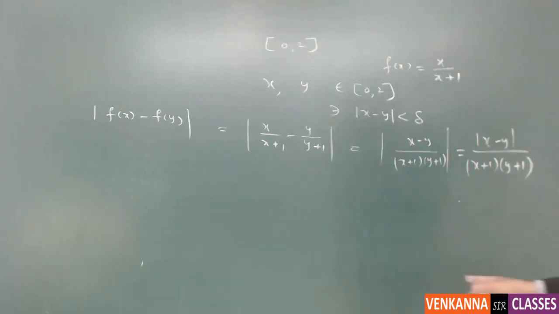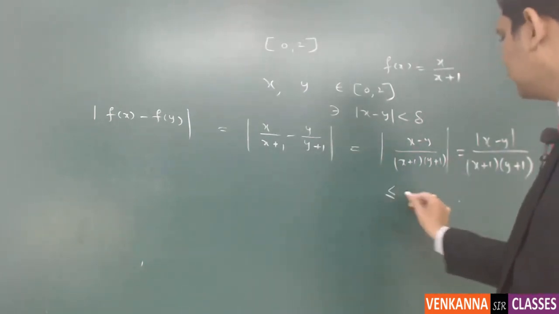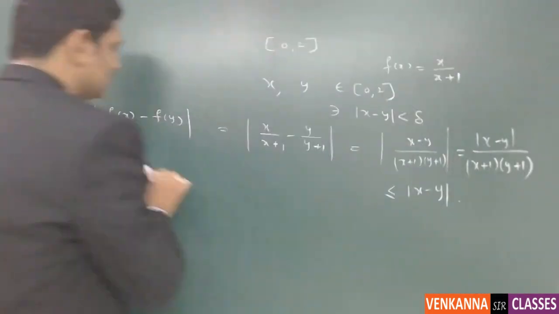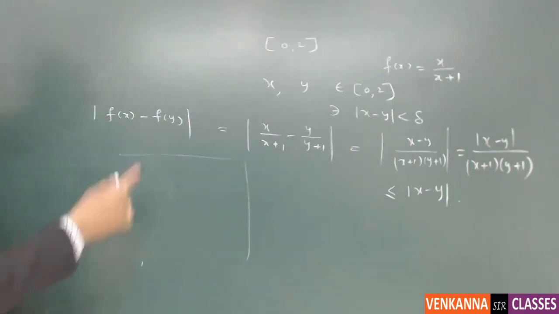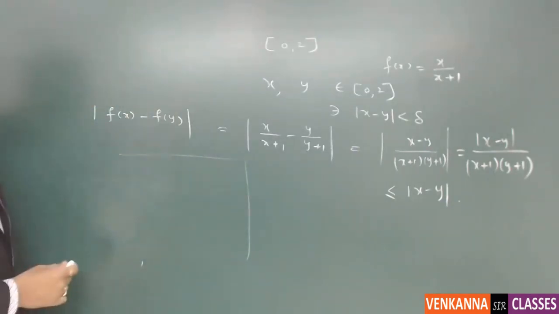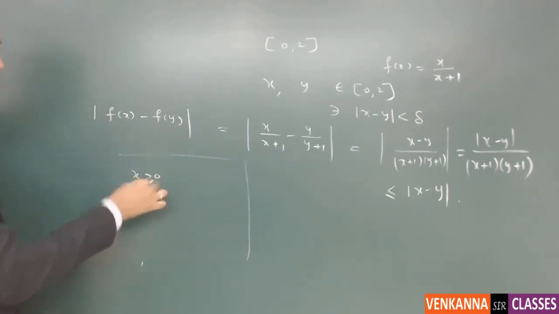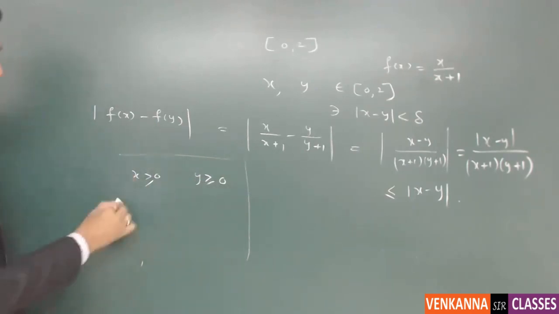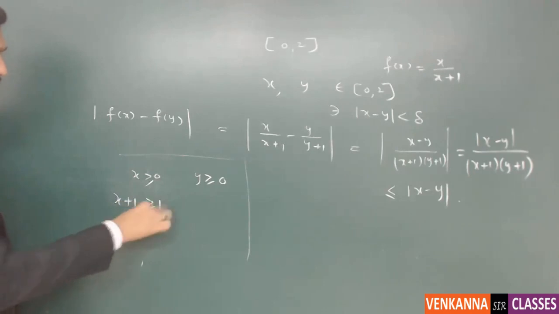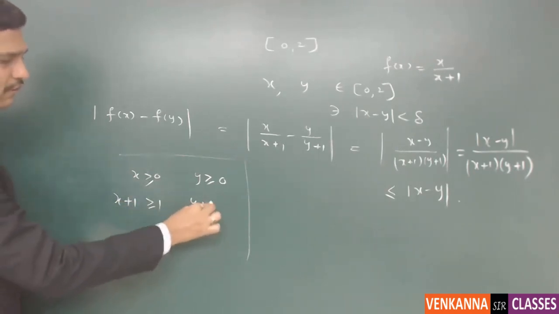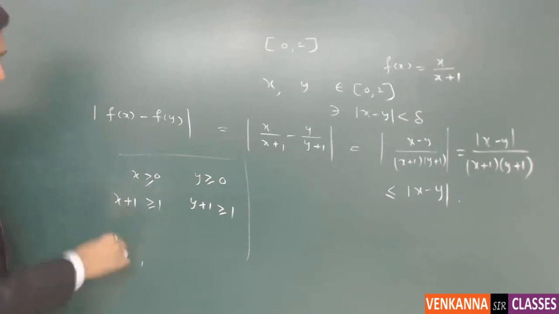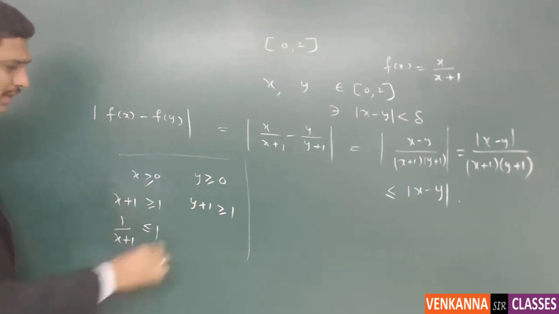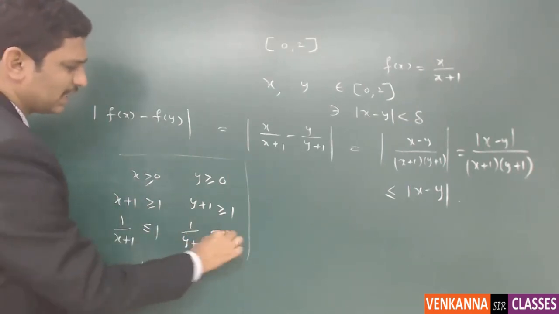Now I am going to say that this value will be less than or equal to |x - y|. Why? Since x and y belong to the closed interval, x is greater than or equal to 0, y is greater than or equal to 0. So x + 1 is greater than or equal to 1, y + 1 is greater than or equal to 1, and hence 1/(x+1) is less than or equal to 1, 1/(y+1) is less than or equal to 1.